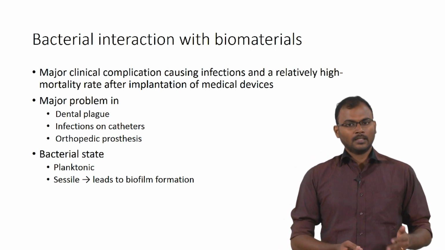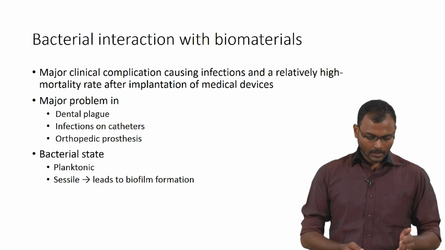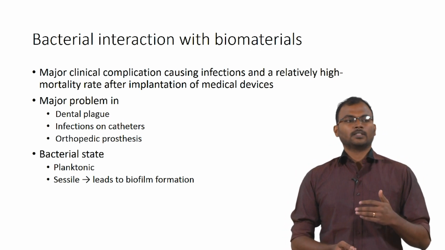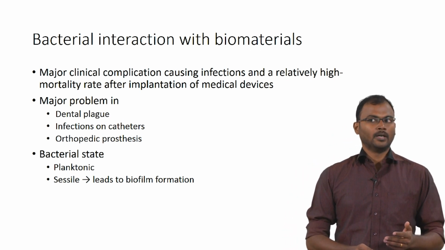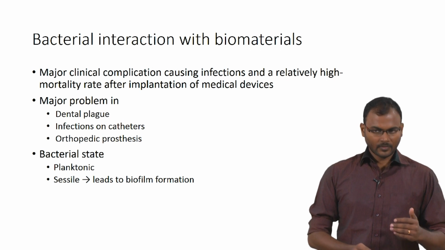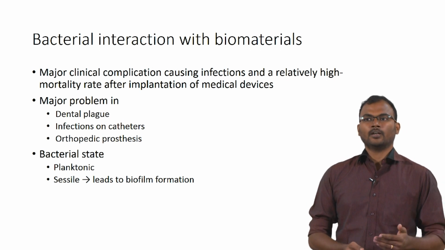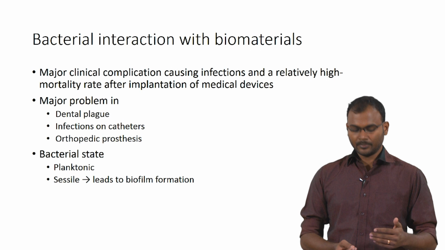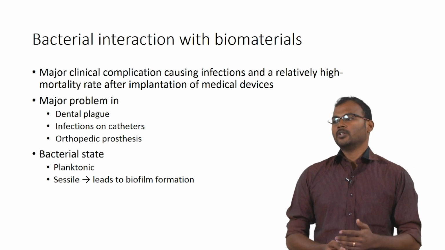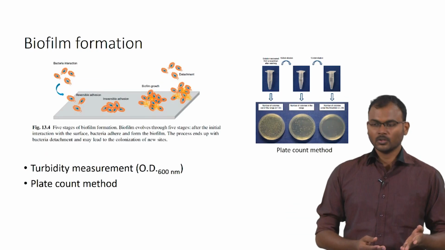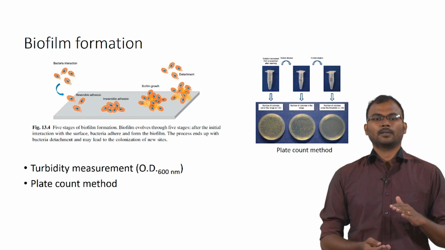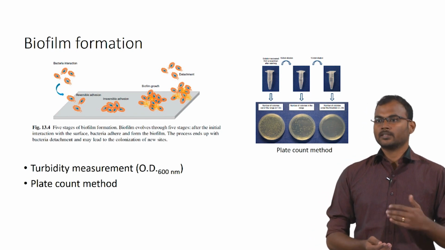In normal conditions, the bacteria would be in a planktonic state, suspended in the liquid solution, but when this bacteria adheres onto the material surface, it becomes a sessile state which will lead to the formation of biofilm. So, what is biofilm? A normal bacterial adhesion is reversible.